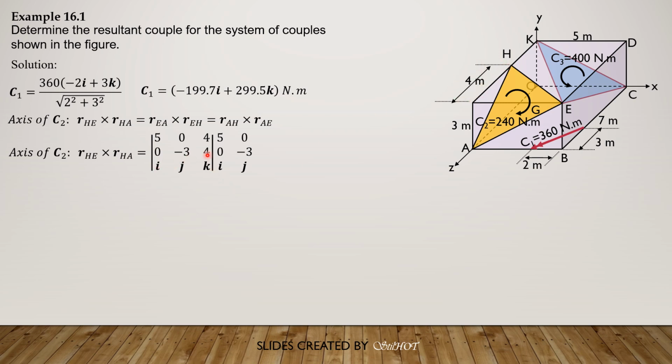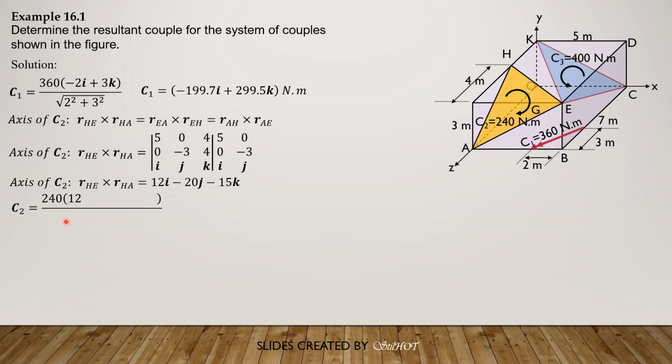So 0, negative 3, 4. Copy the first two column elements, then unit vectors. For i, it's 0 times 4, 0, then minus negative 3 times 4, so 12i. For j, it is 4 times 0, 0, then minus 4 times 5, negative 20j. For k, negative 15k, minus 0, so negative 15k.